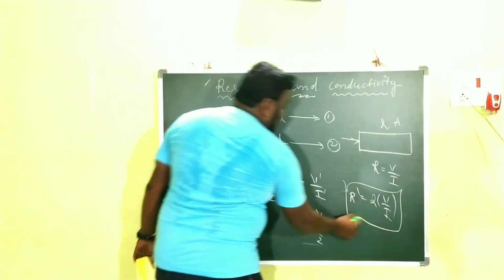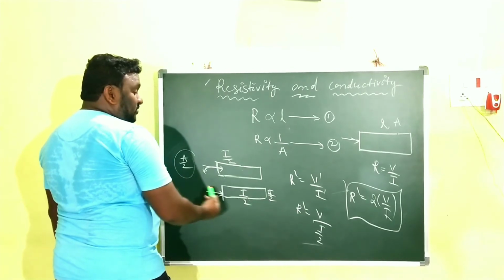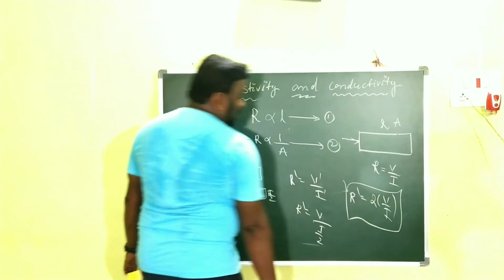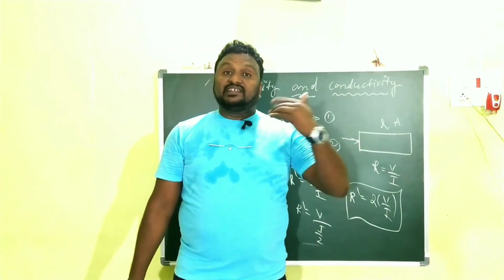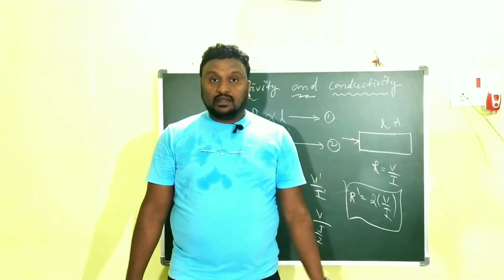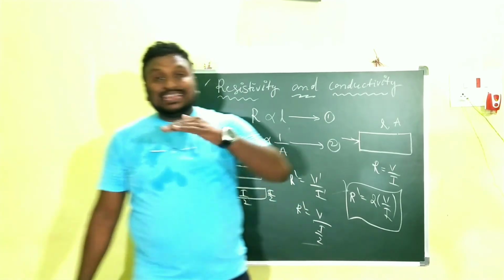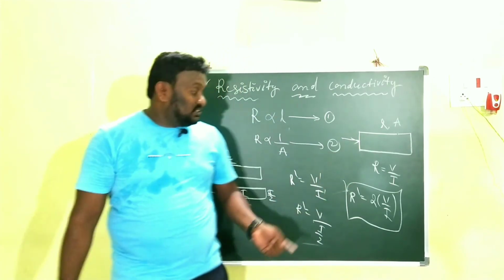This is the resistance of one slab with respect to the area of cross section A by 2. That means when it is divided into two equal parts, the resistance of every slab is increased, or doubled. Clear? A by 2 means a decrease in the area of cross section. What you observe?